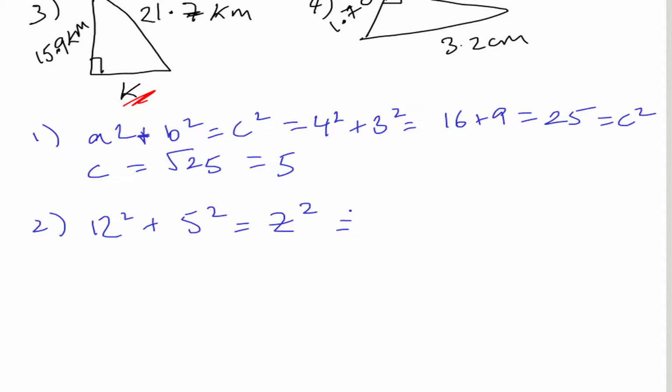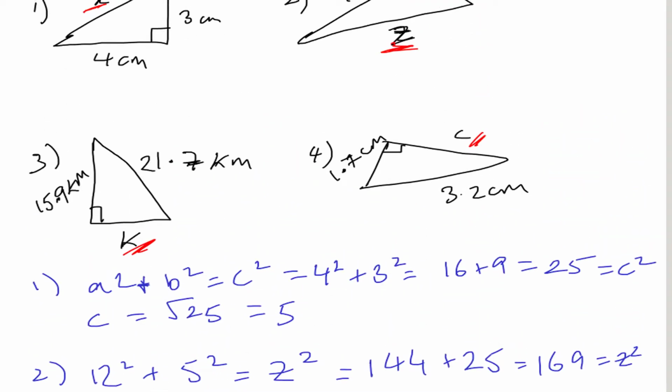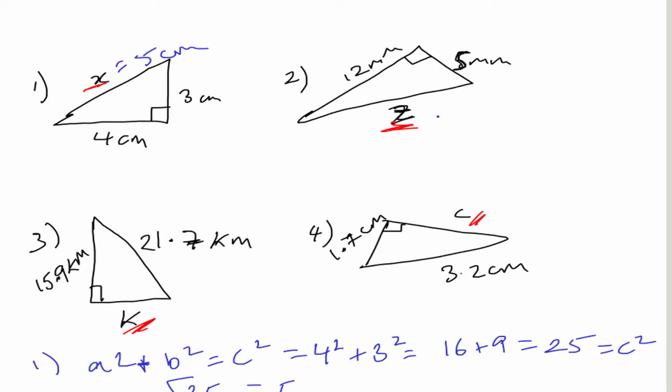That's the same as 144 plus 25. That equals 169, which is z squared. Therefore, z is the square root of 169. Put that into your calculator and it should come to 13. So z is 13 millimeters.